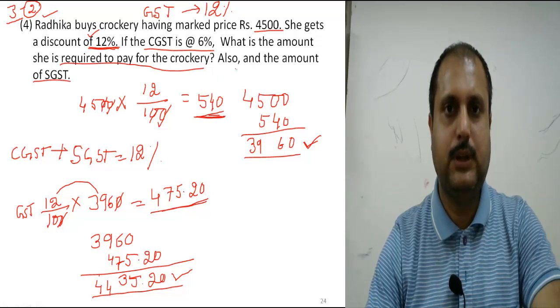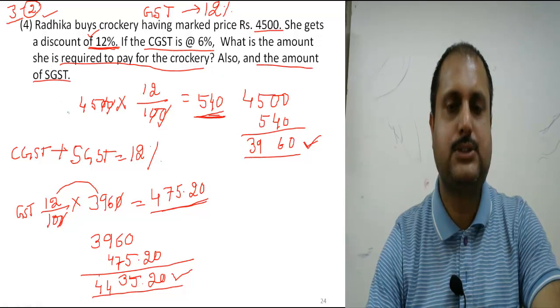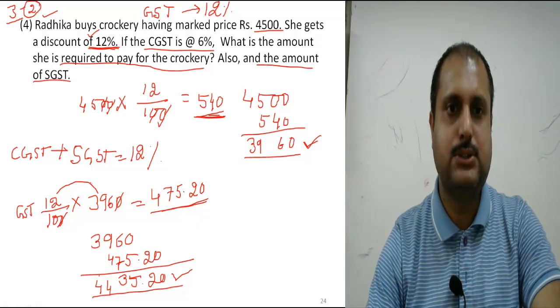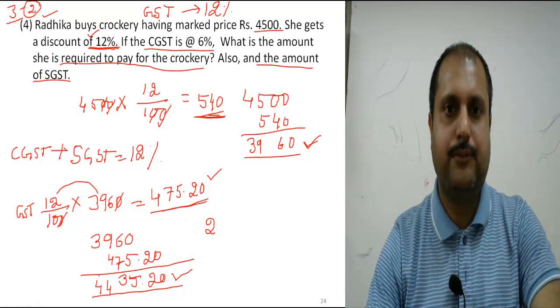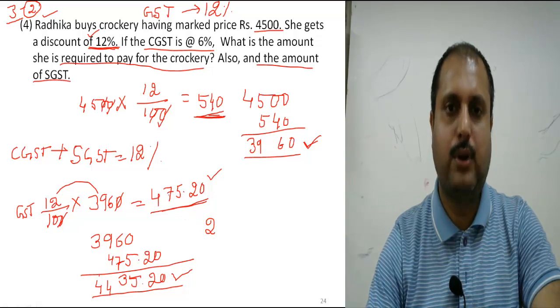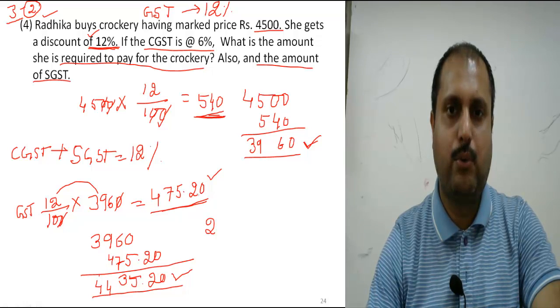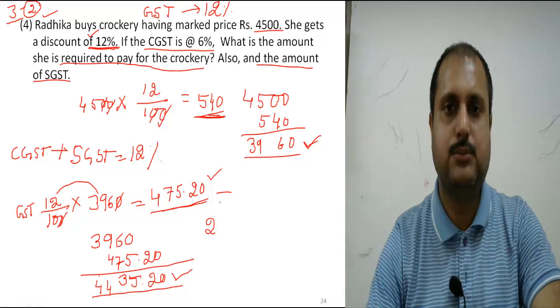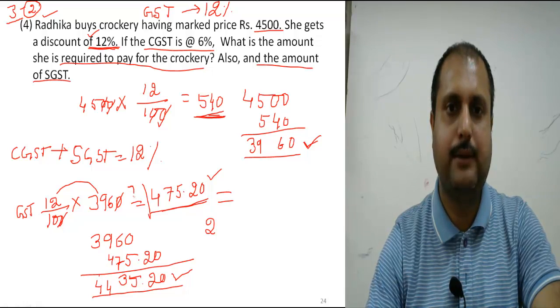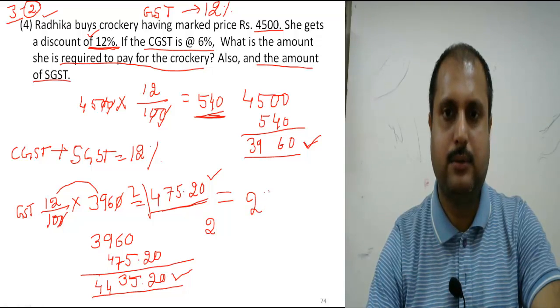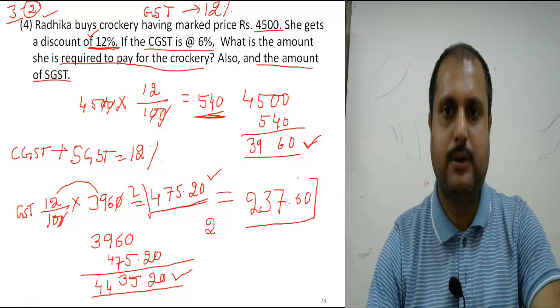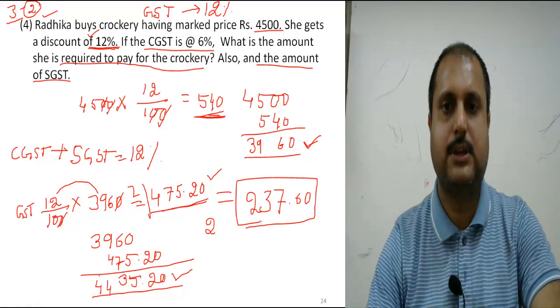Now it is also asking for the amount of the SGST. What is the amount of the SGST? The total GST is 12%, so if we divide 475.20 by 2, the total amount will come to 237.60.